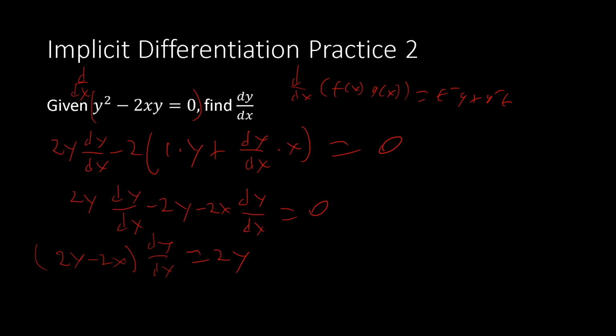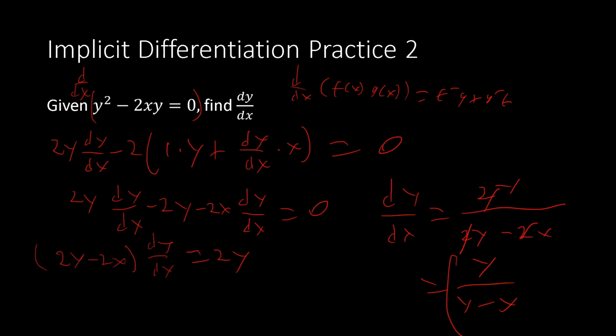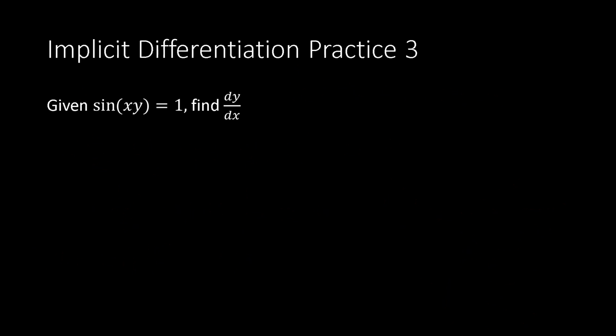Okay, now we just need to divide by this, and we'll have dy over dx. So dy over dx equals 2y over 2y minus 2x. And we can cancel all these 2's. So this is just going to be y over y minus x. And that's our answer. All right, we have 2 more examples to look at.